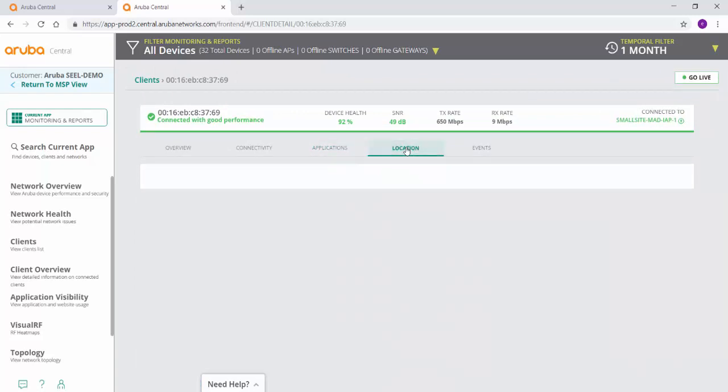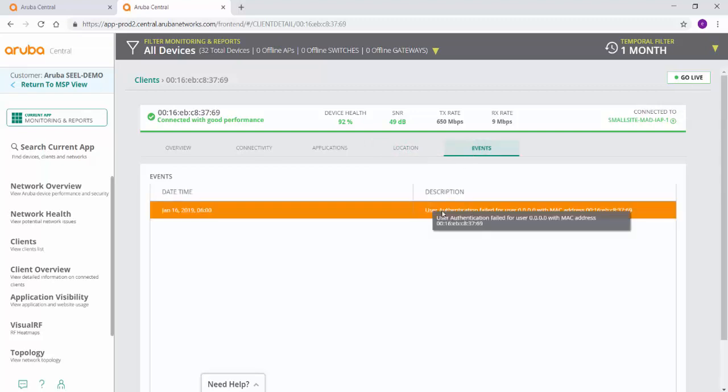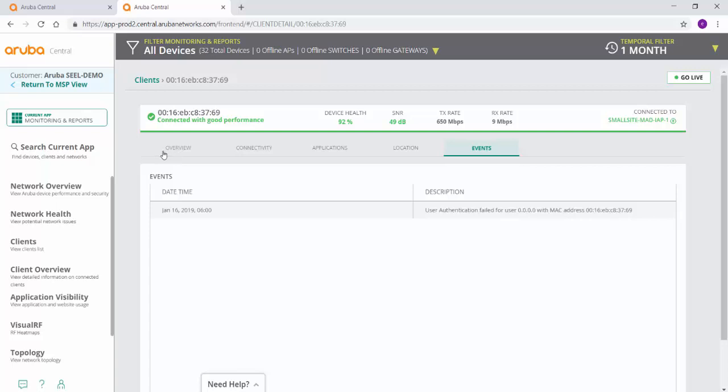The location of the client will show us where the client is on the visual RF floor plan. That's not been loaded for this one. And of course, if there are any events that we need to pay attention to. Like the gateways, we have the ability to go live with this client, which again means that we are collecting stats in near real time.